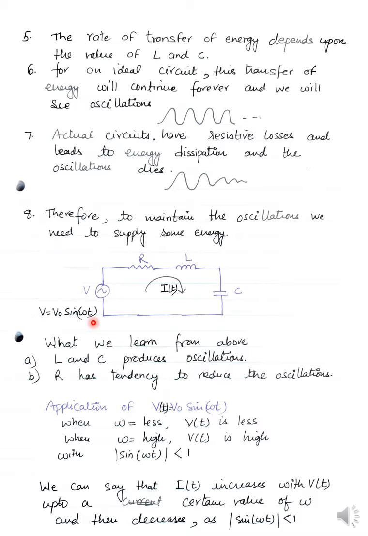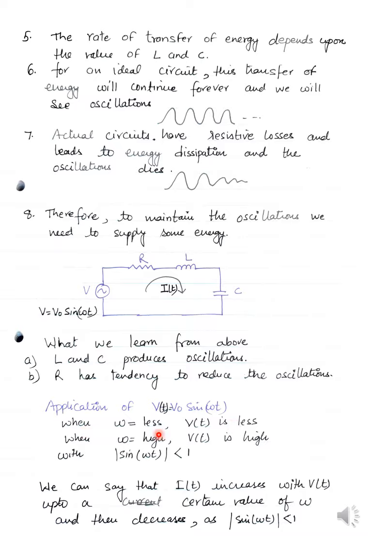So what we learn from above is that L and C produce oscillations, and R has the tendency to reduce the oscillations because due to the resistive losses there is an energy dissipation in the circuit. So the energy dissipates with time, so we need to have some external energy which can overcome those losses. Now, application of V(t) equals V naught sine omega t ensures it.